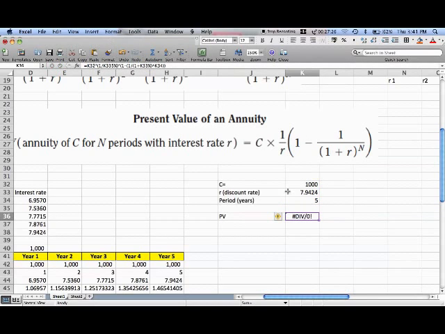Why doesn't it work? Okay, let me see. Let me fix the formula.